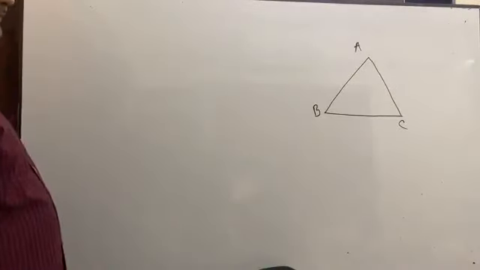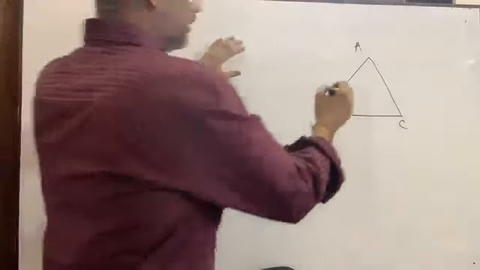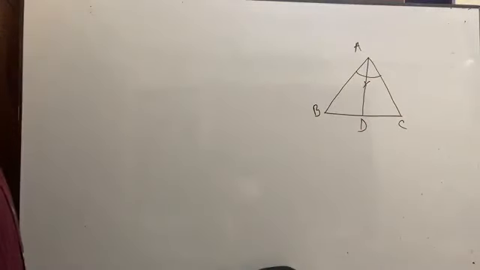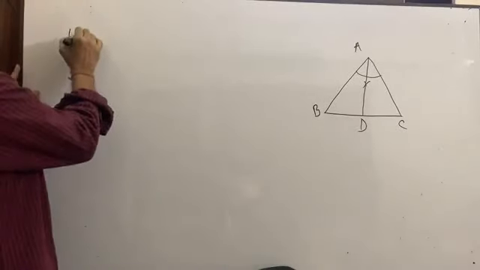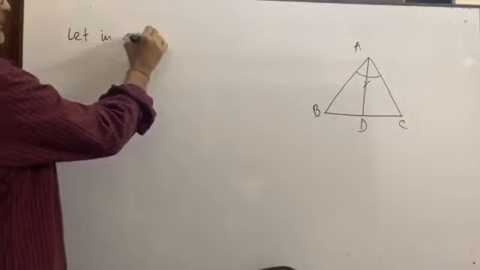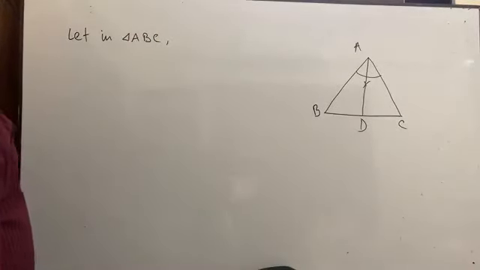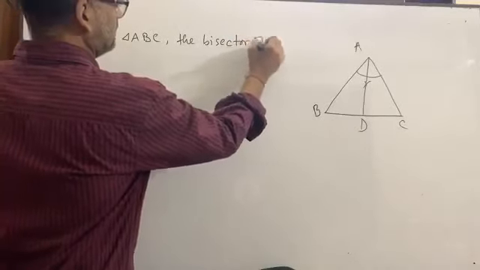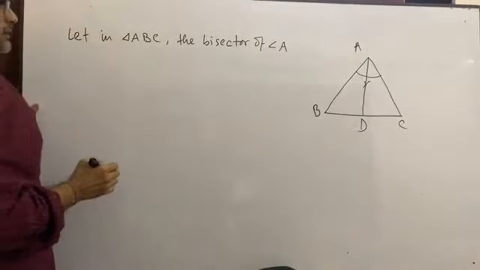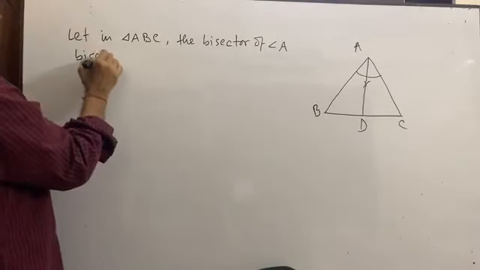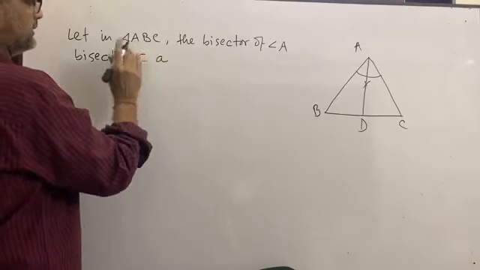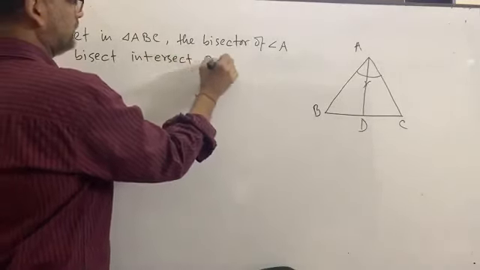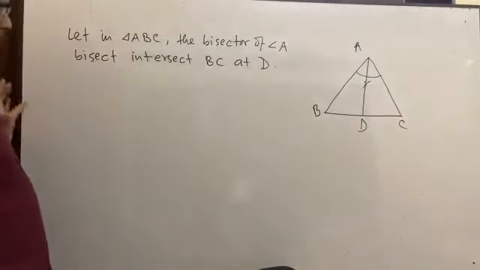Okay, write down bisector of angle A. This is the bisector of angle A. It is the bisector of angle A. Write down let in triangle ABC, the bisector of angle A intersect BC at D. Have you seen?